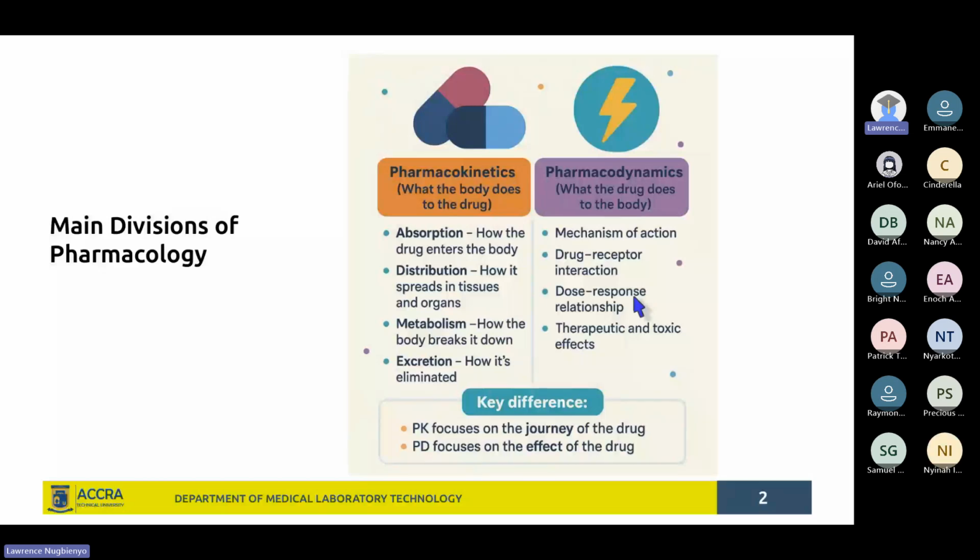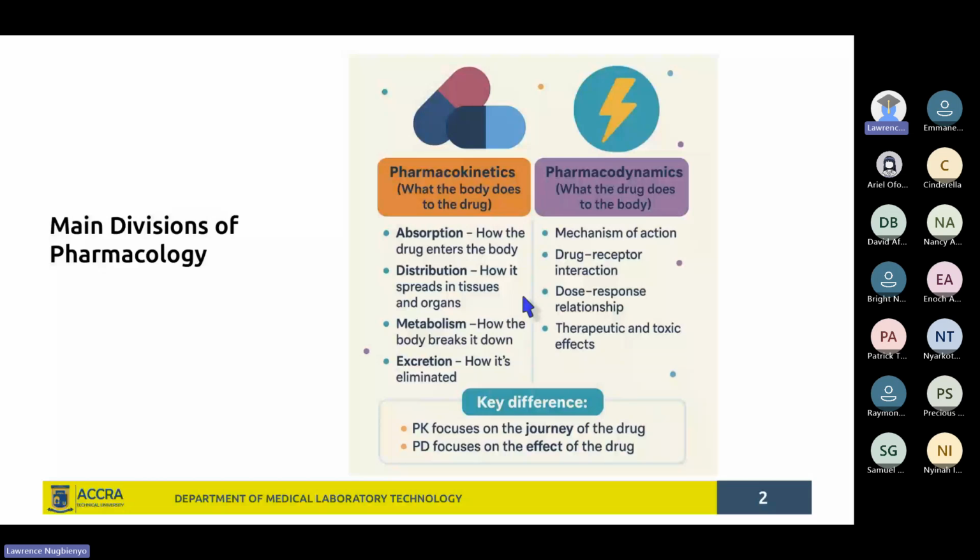It's a drug, but it can still have some toxic effects depending on the amount of it which is taken, and its concentration in blood. So we take a look at therapeutic effects and then toxic effects, comparing these things. So generally, these are the things that we'll be looking at under this part of the course.